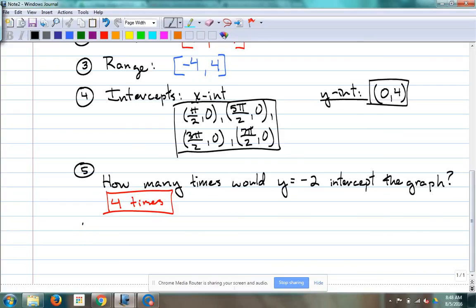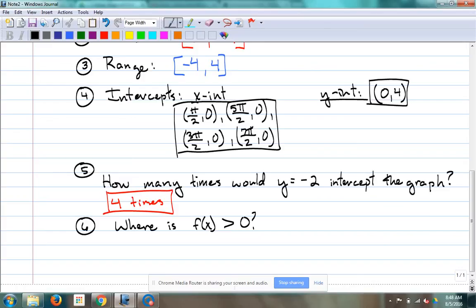So question number 6 about this same graph. Where is f of x greater than 0? What does that mean? What's that asking? All right, I heard 2 different answers. Stormy, what'd you say?